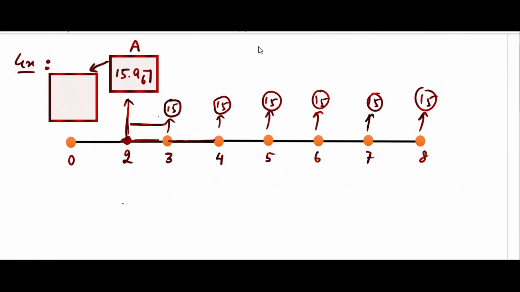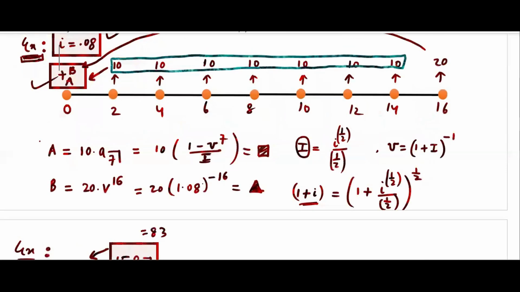We converted this annuity to one payment, that is 15 into 6, 90, and you will get 82, 83, whatever, according to the interest rate. That amount you have to move back here. There is a 2-year gap, so this will be 83 or whatever you get times v squared. That will be your answer. You will also get questions where the intervals are not the same, then you have to do it this way. Otherwise you can find it directly. This is also one way.